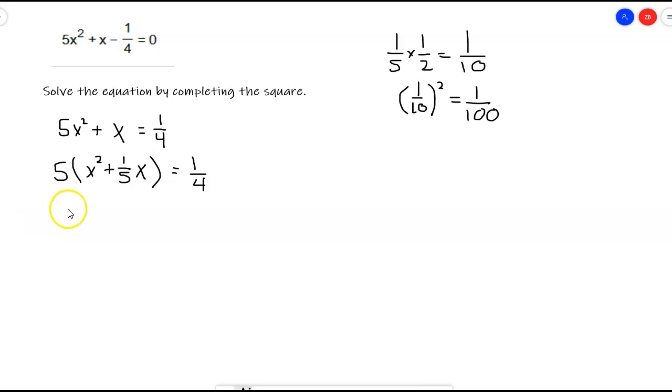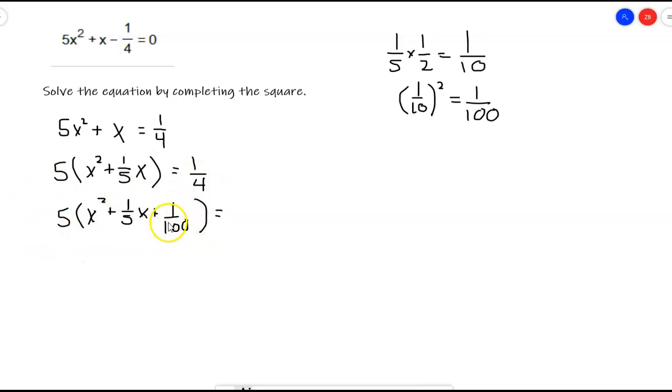So I'm going to go back over here, and 5x squared plus 1/5 x plus 1/100, is equal to, I just added, what did I really add over here though?